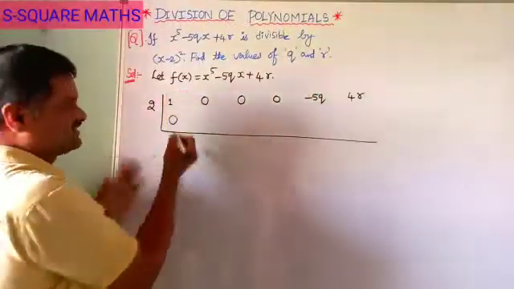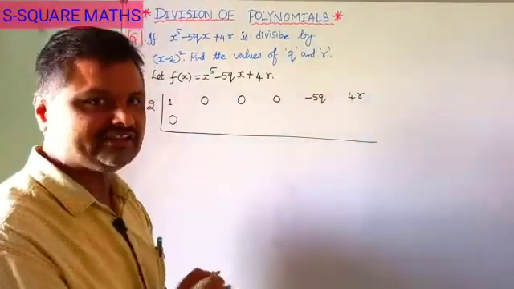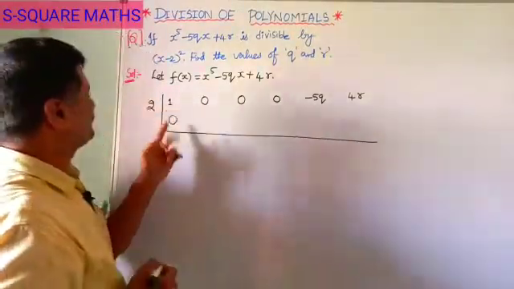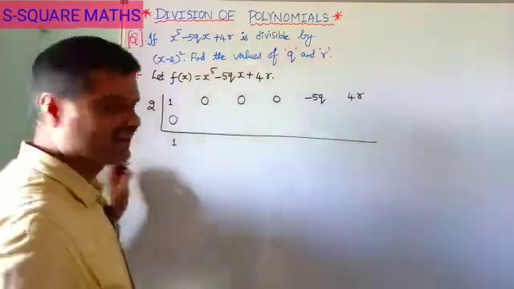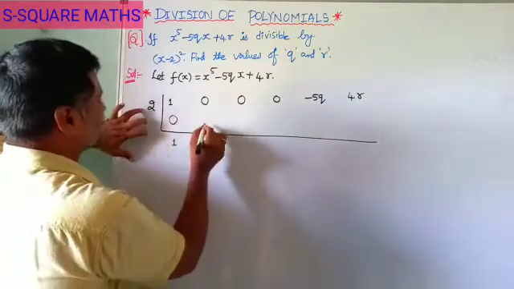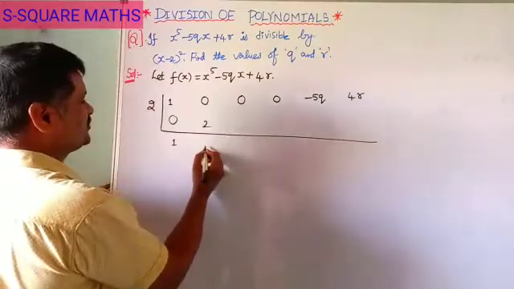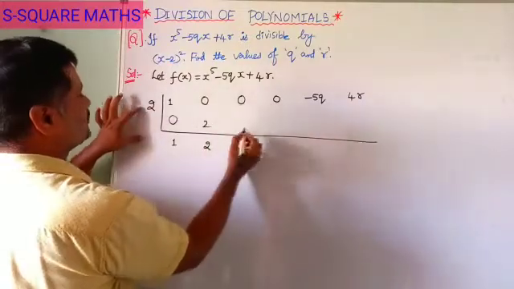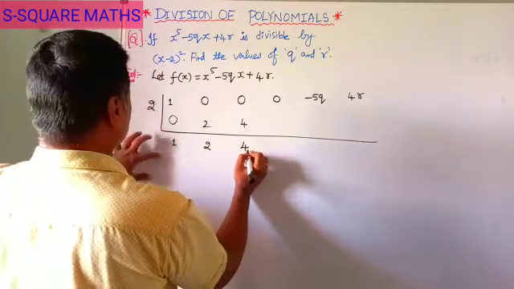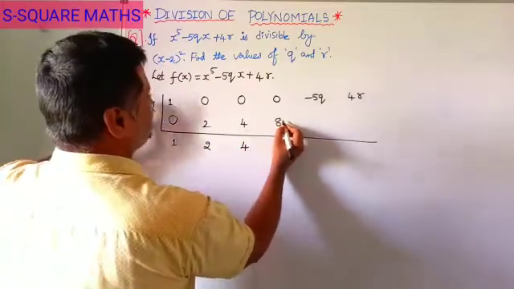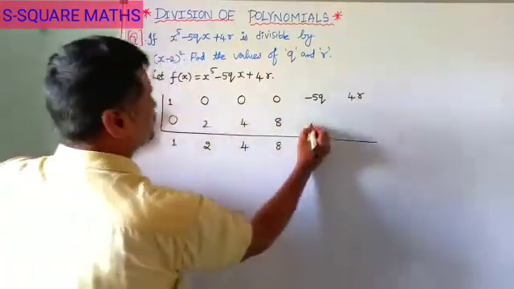So here, according to Horner's method of synthetic division, what we discussed, we have to do the addition. So 1 plus 0 gives you 1 and here you have to multiply 1 into 2, which is 2, as we discussed already. 0 plus 2 gives you 2 and 2 into 2 gives you 4. 0 plus 4 is 4 and 4 into 2 is 8. 0 plus 8 is 8 and 8 into 2 gives you 16.